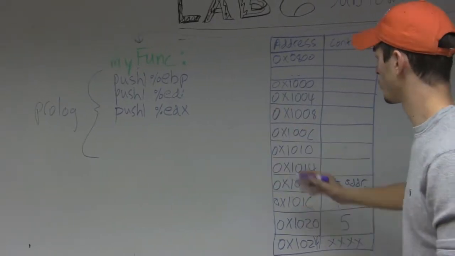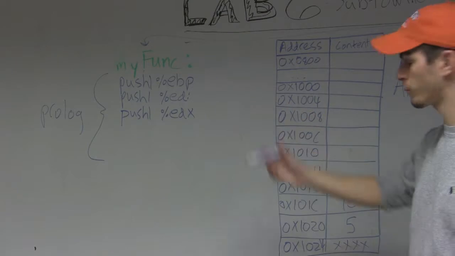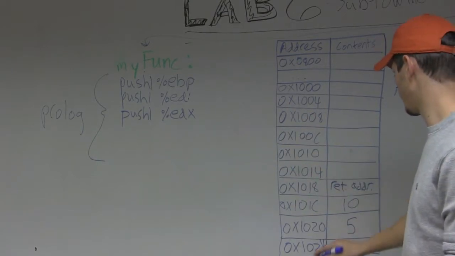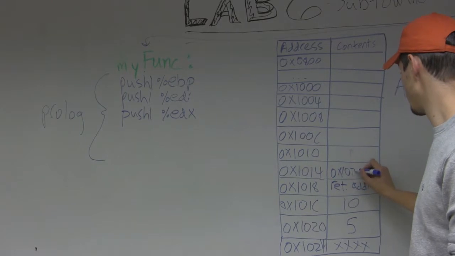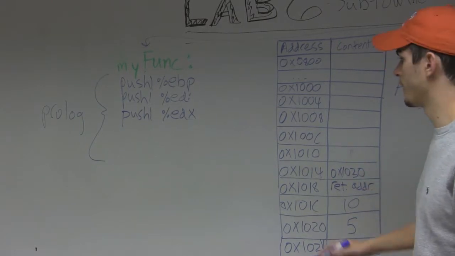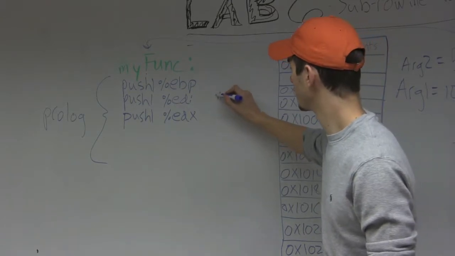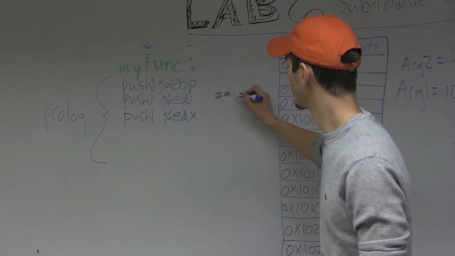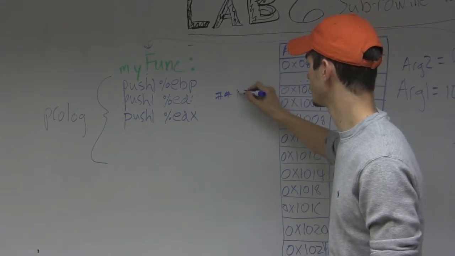So we can say whatever address is pointed to by the base pointer, let's call it, say, 01030, and then we can say EDI, say it's 15.